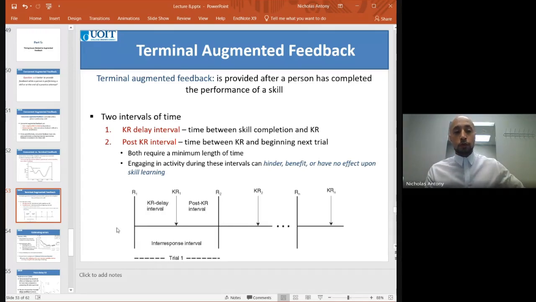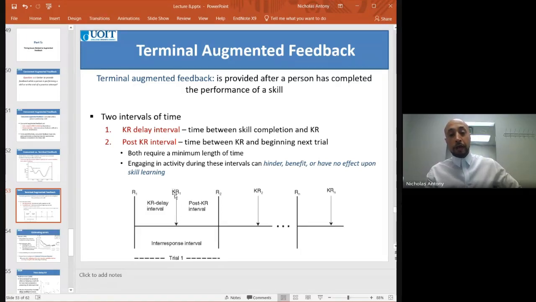Okay. So here we have COS, R1, R2, RN. This is a repetition of them performing a particular motor skill, whatever it is. They try it once, second, third, fourth, fifth, right? In between each trial, the people are provided knowledge of results, KR.